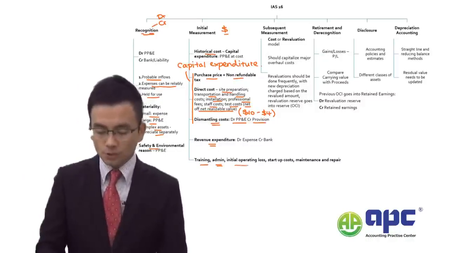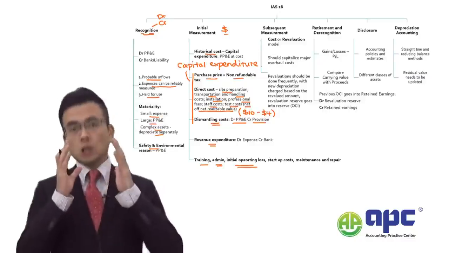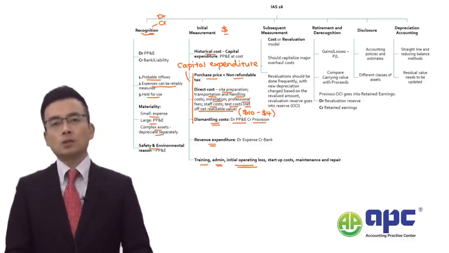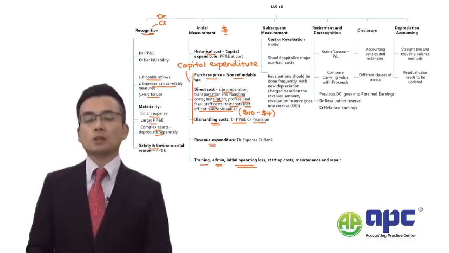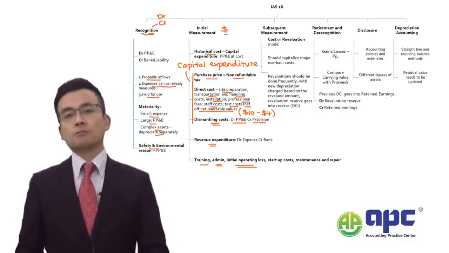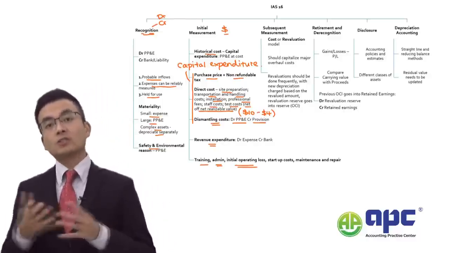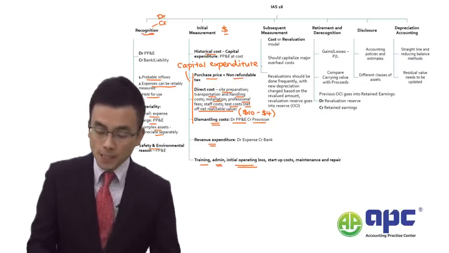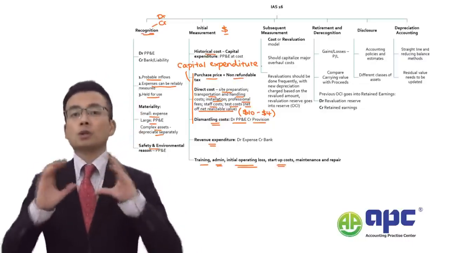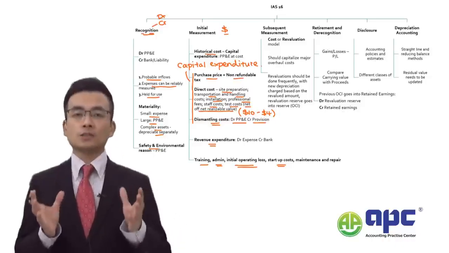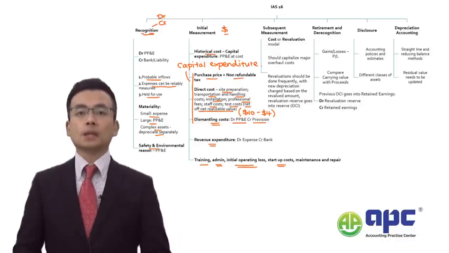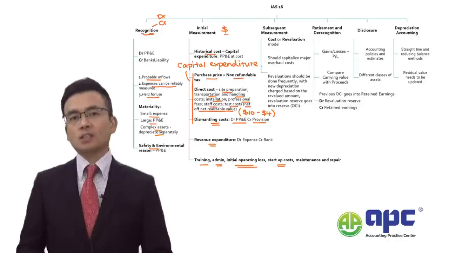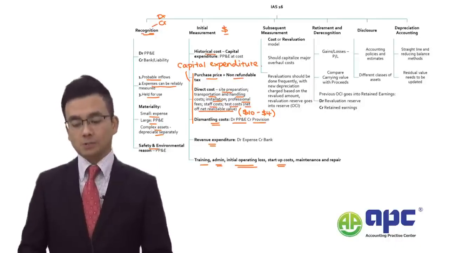The initial operating losses before we launch the factory, before we launch our shop, so we may discount our products, we may give our products for free, and these costs need to be expensed rather than being capitalized as PP&E. And startup costs, for example, the costs that you incur to obtain the license to set up your company instead of buying the PP&E, that set of costs needs to be expensed.